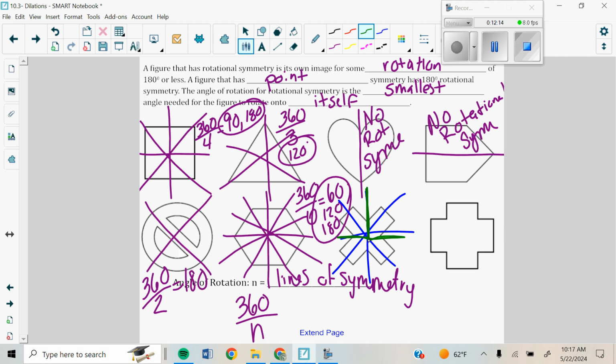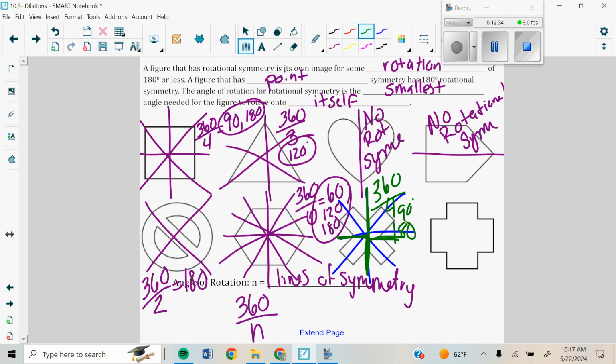I can rotate it 180 degrees, and that gives me this shape, and then I can rotate it again. That's why I have multiple angles here. So 360 divided by 4 gives us 90 and 180.